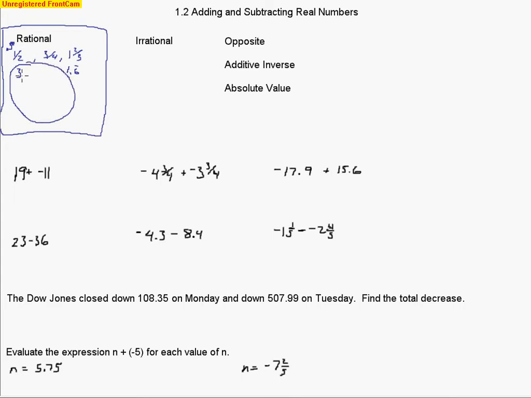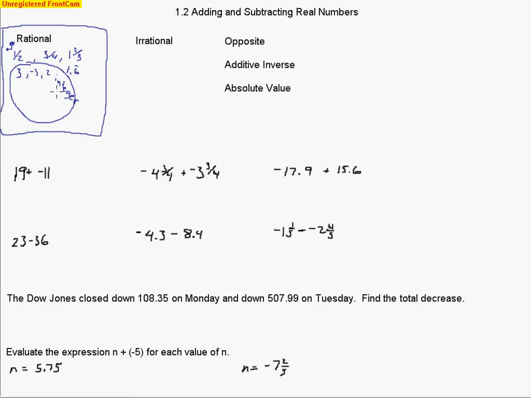So 3 or -3 or 2, those are all integers. An integer is just a number that is either positive or negative that doesn't have a decimal attached to it. It's just a number that you would see on a number line.